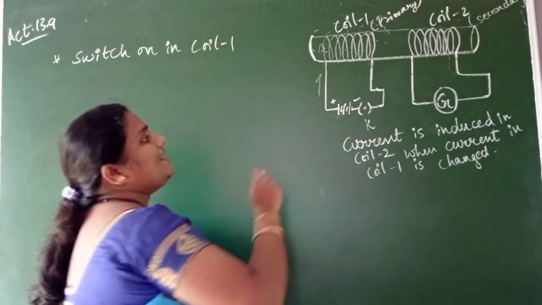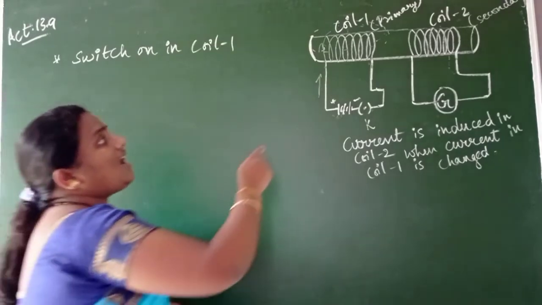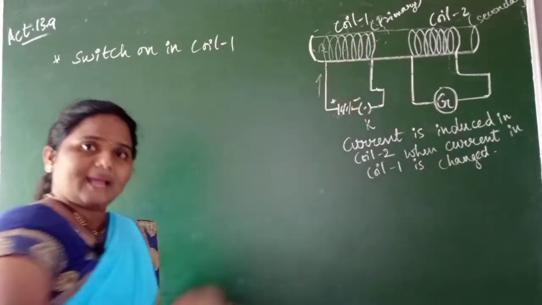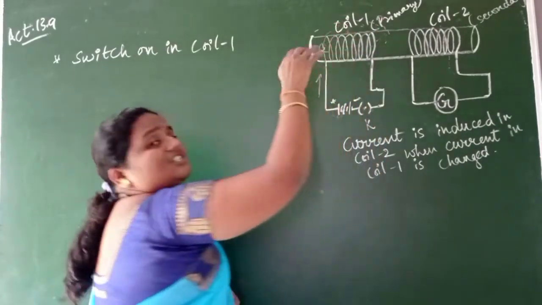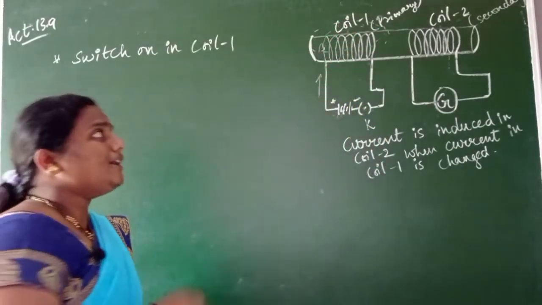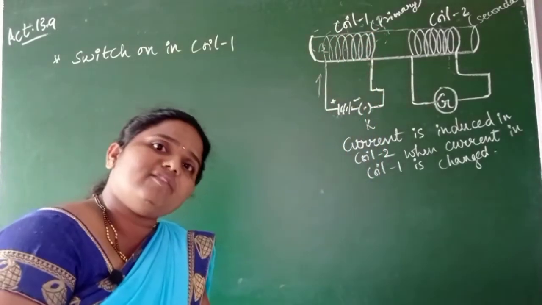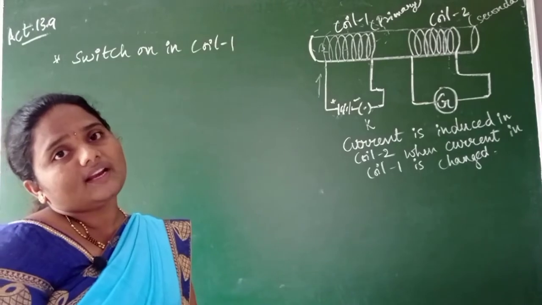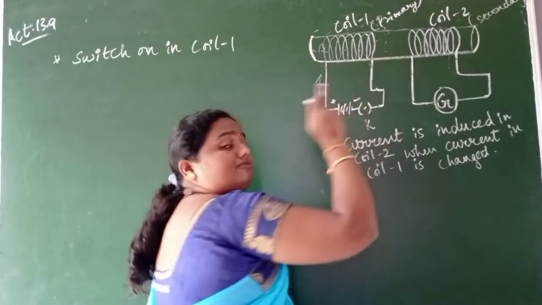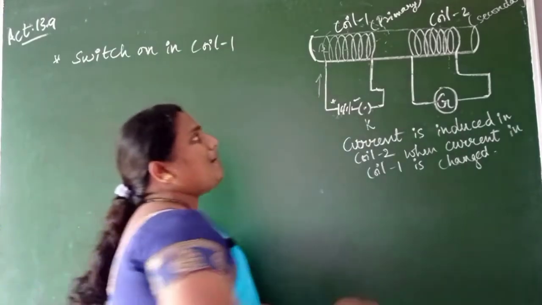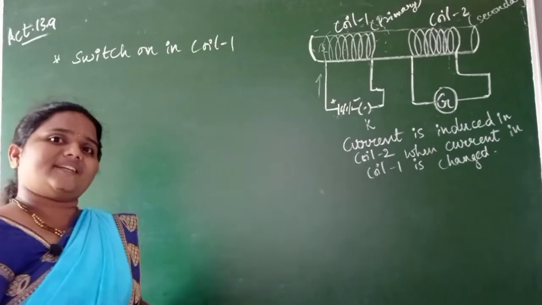You know children, the main reason is that when the current starts flowing in the first coil or primary coil, a change in potential difference occurs. Due to this change, the magnetic field also changes in the first coil. Due to this change in the magnetic field of the first coil, the magnetic field of the second coil also changes.